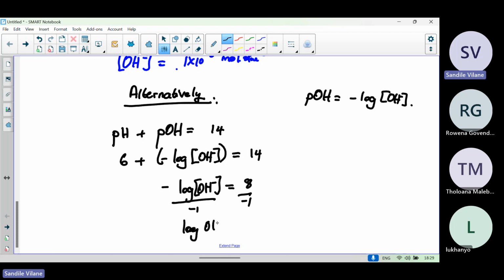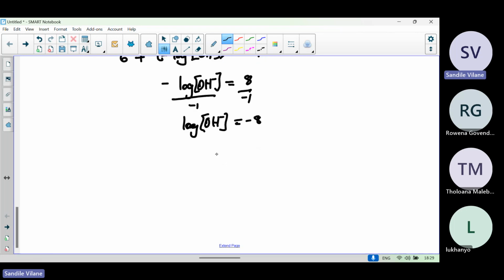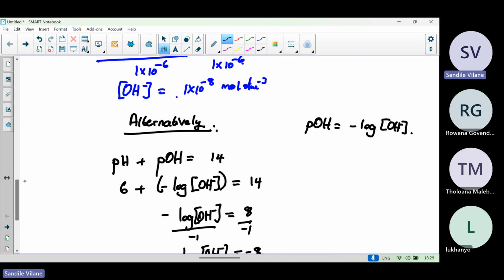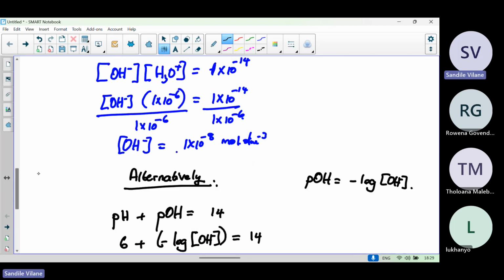You have log of this. And then the antilog of this will give us this. Antilog, remember, is shift log in your calculator, which is exactly 1 times 10 to the power of -8 moles per cubic decimeter. So the two methods are equivalently the same. We still get the same answer.